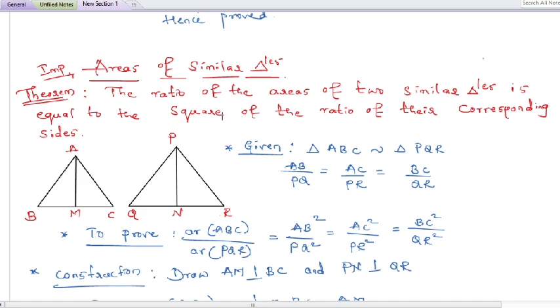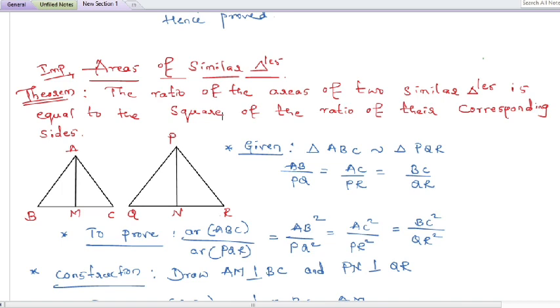So first we will read the statement of the theorem. If it is asked in the examination, they will directly ask the statement, they will give the statement only.